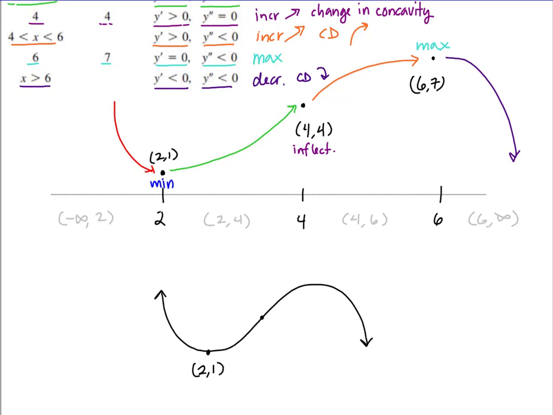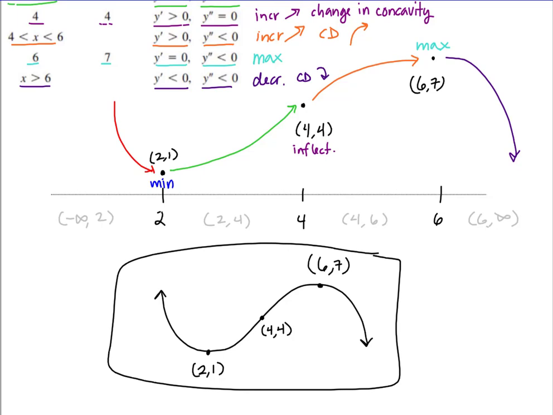We have the inflection where the concavity changes at 4, 4. And then a maximum at the ordered pair 6, 7. And that's just the general idea for how we would solve or sketch the graph of this problem. We would have something that looks like this on our paper.